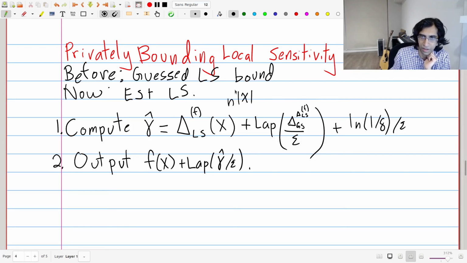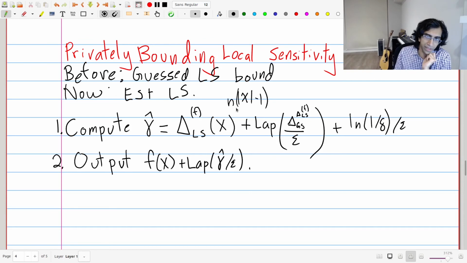Here it's going to be size of X minus 1, because you have to change to something different. This is the running time for computing this local sensitivity quantity. So compute the bound analytically, and then compute the local sensitivity algorithmically, and then you're done. I'll mention that the local sensitivity can sometimes be computed even faster than this.